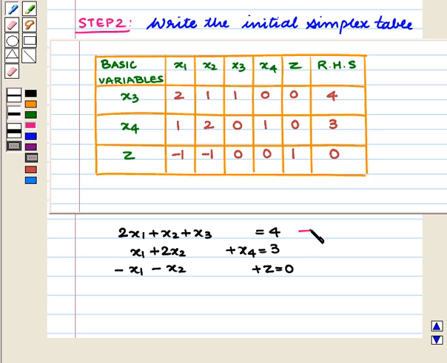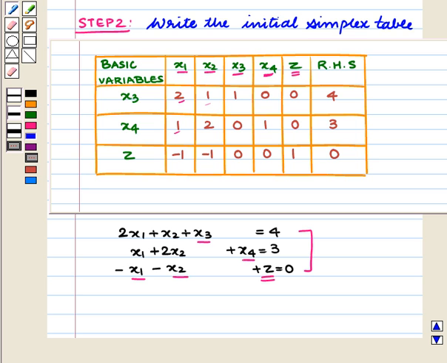In these three equations, we have z, x1, x2, x3 and x4 variables and their respective coefficients on the LHS, that is the left hand side.